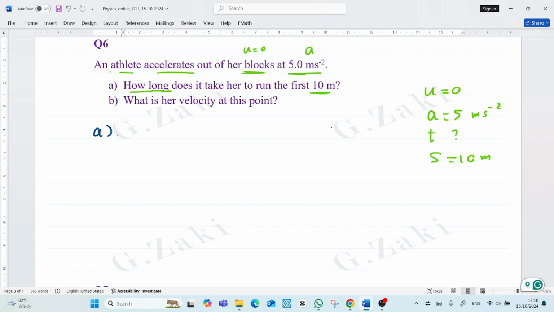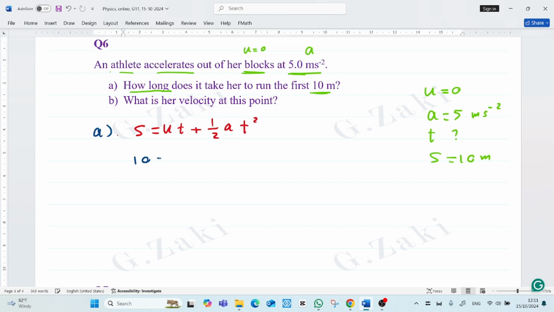We have U, A, S, and we need T. Then the best formula is that S equals UT plus half A T squared. Substitute.